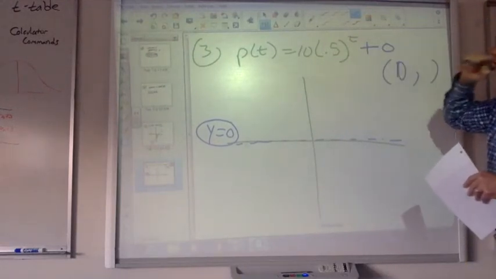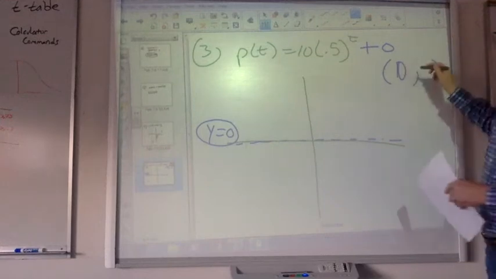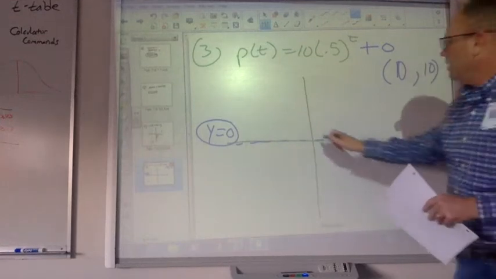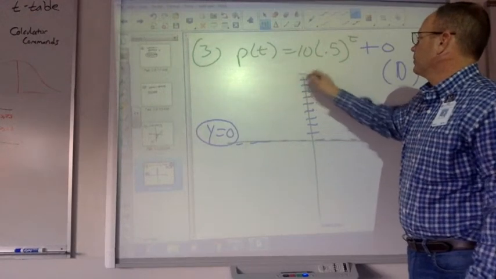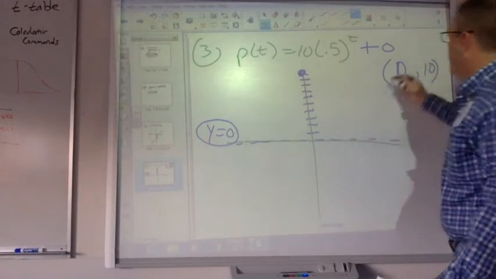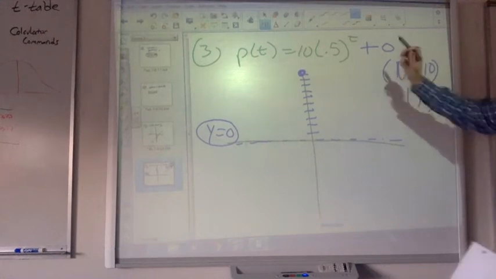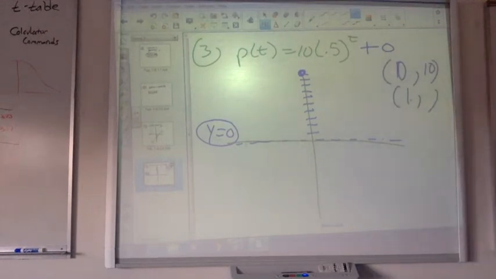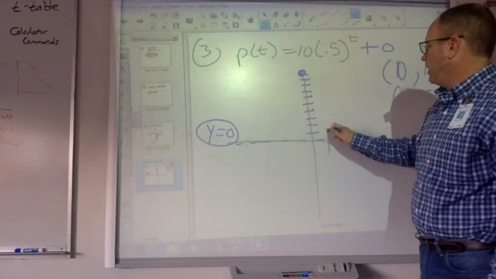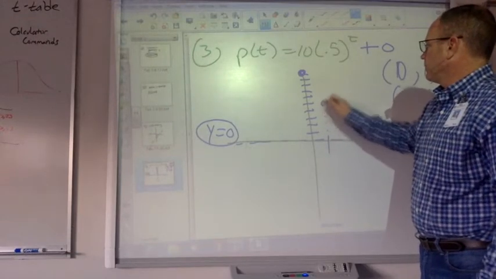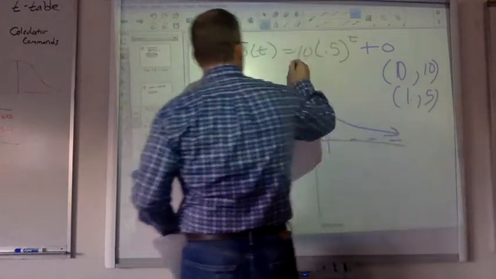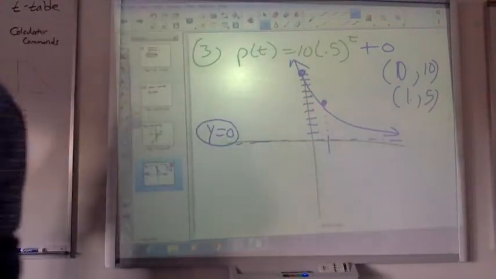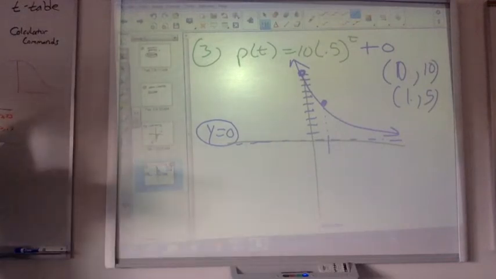So 0.5 to the 0 is 1. 1 times 10 is 10. And then if I plug 1 in, 0.5 to the first is 0.5. So what's 0.5 of 10? That's 5. So (1, 5). That's what this looks like. Is that growth or decay? Decay, because as I go to the right, I come to my asymptote.